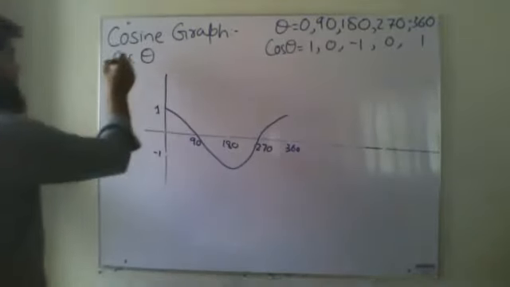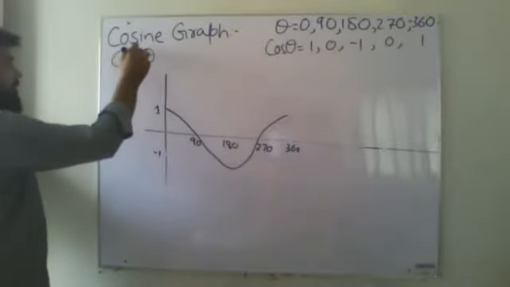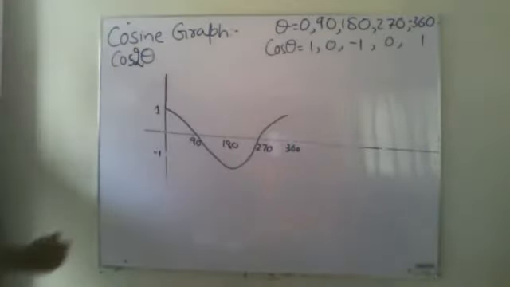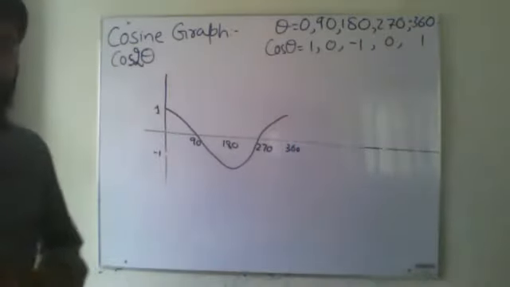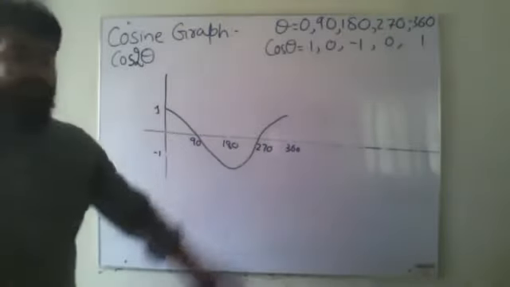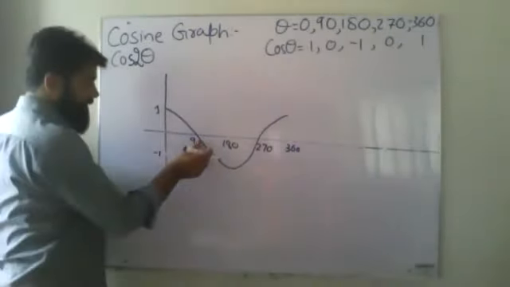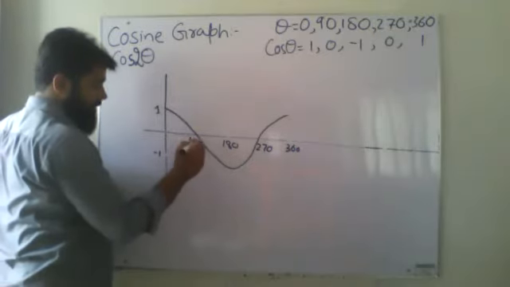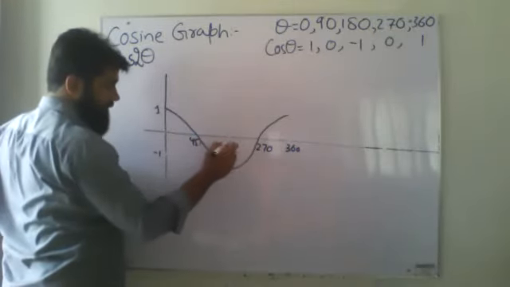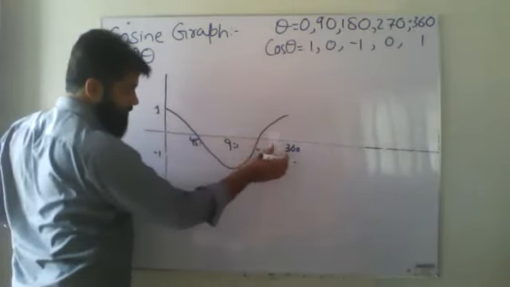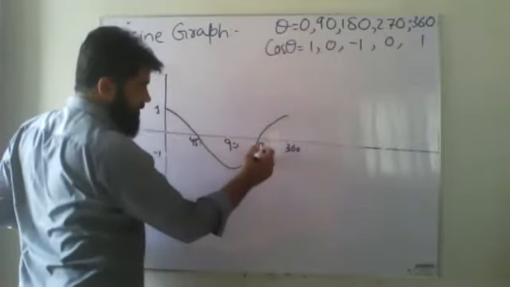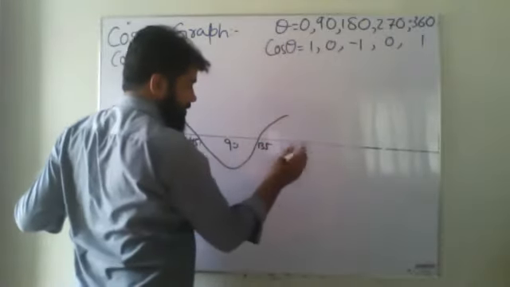But for instance, if it is two cycles, what will happen then? All the original values will be divided by 2, meaning 90 will become 45. This will become 90, 135, 180.